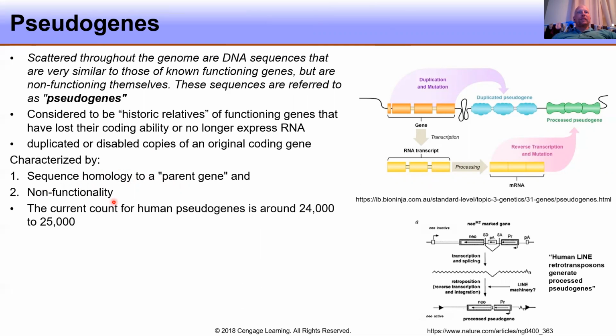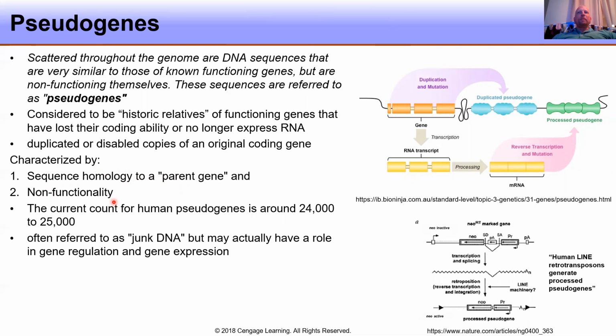We believe there are up to 25,000 human pseudogenes in our genome. In the past, they were categorized as junk DNA, but we've learned a lot more about them and believe they actually are important in terms of gene regulation and gene expression.